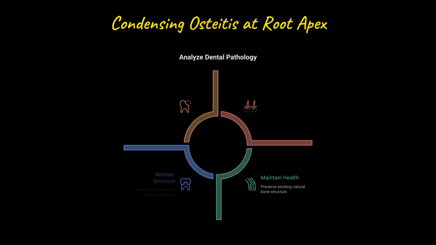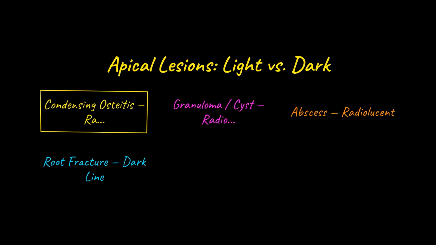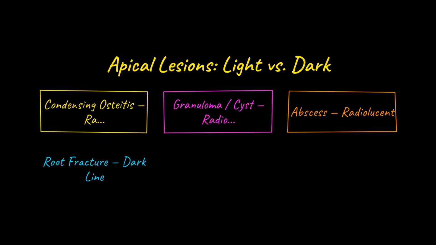On a radiograph, that dense deposit absorbs more of the X-ray beam than surrounding bone, casting a bright radiopaque patch at the root tip. The more mineralized the deposit, the wider it appears. Every other common apical finding, granulomas, cysts, abscesses, and root fractures, destroys bone and darkens the image.